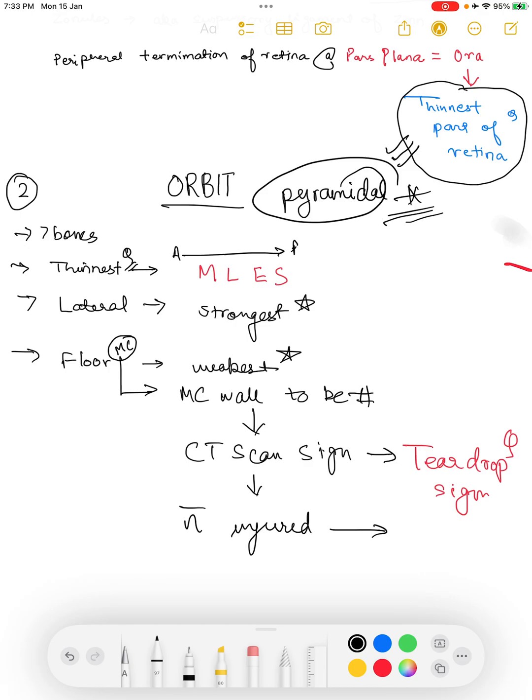Again a frequently asked sign. Infraorbital nerve. Now my question to you all, you have to comment. You have to answer this. I am not going to answer this question.